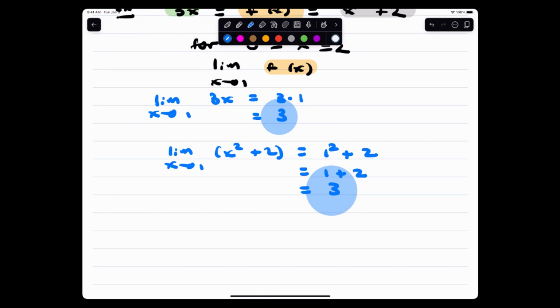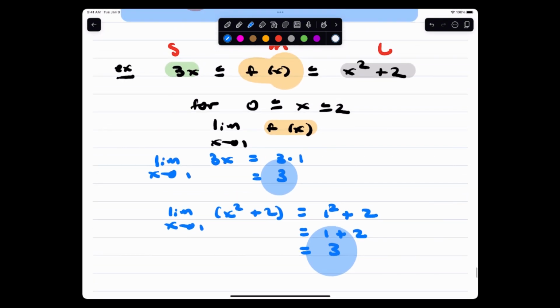Nice. No big deal. Hey, but you want to know something? That's the limit of the smaller function and the larger function. What does that mean? The middle is the same. These problems are specially chosen, ladies and gentlemen. They're specially chosen so that when you use the squeeze theorem, it works out that way.